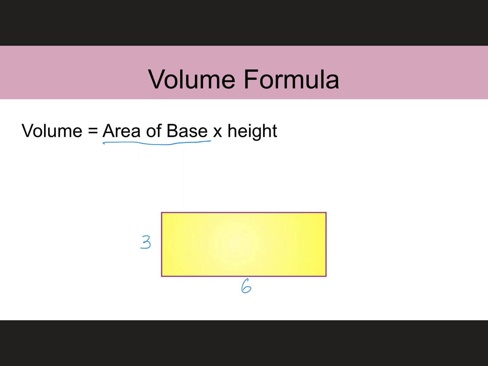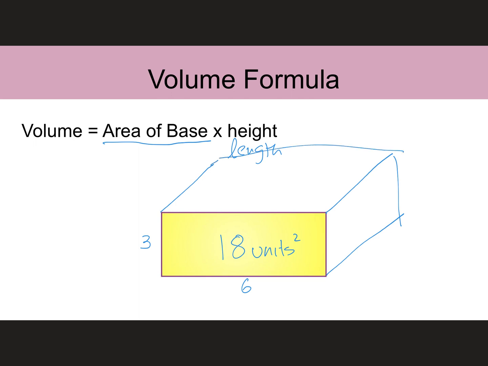So the area of the front of this shape is 18 units squared. Now, I'm going to multiply by the height. This can sometimes be the length as well, and in this case it'll probably be the length. Now if this area turned into a three-dimensional figure, it would look something like this.